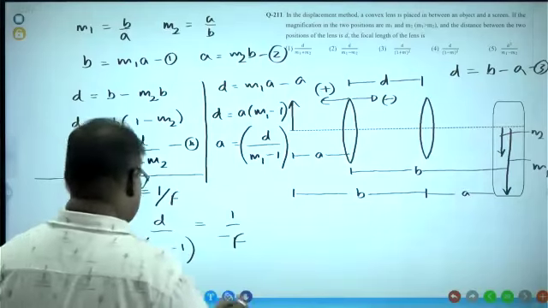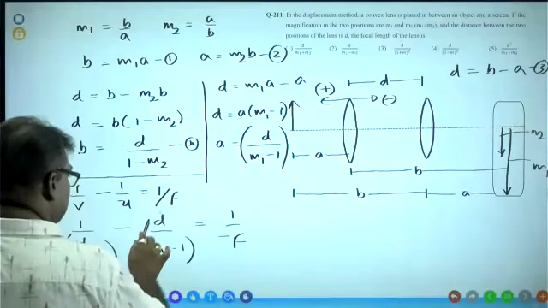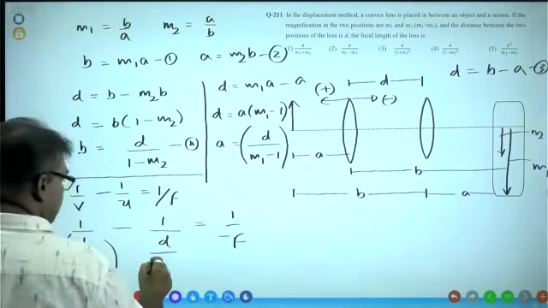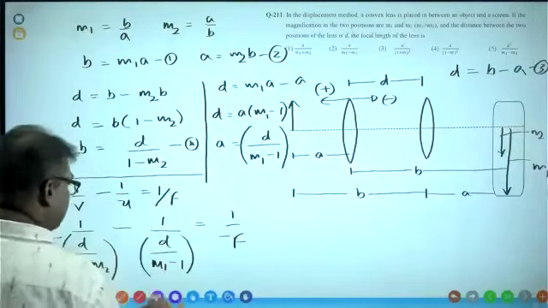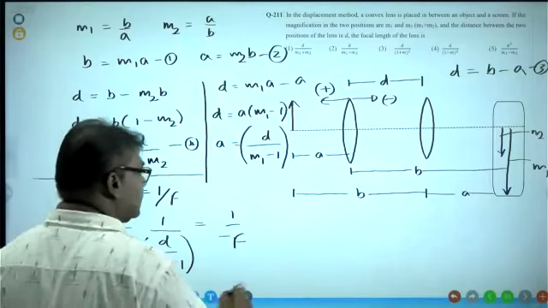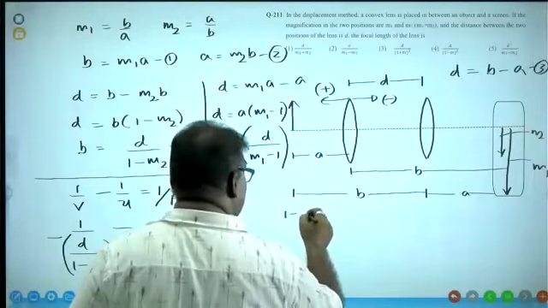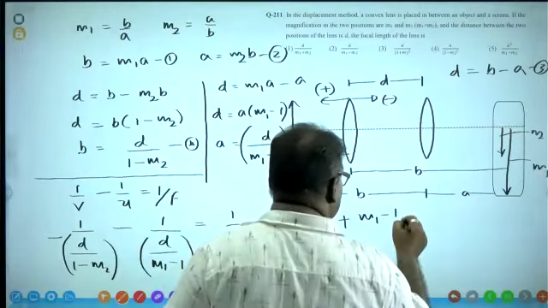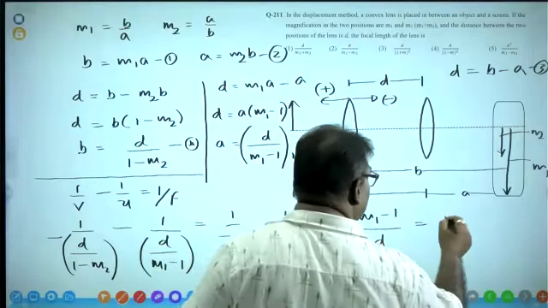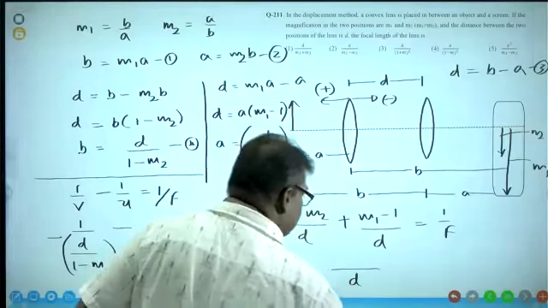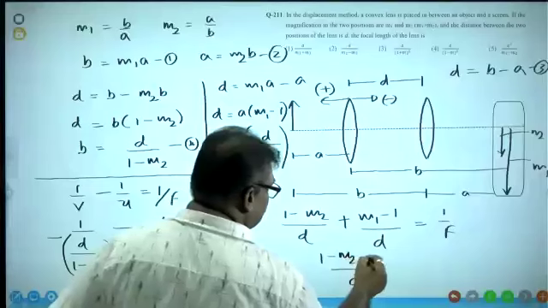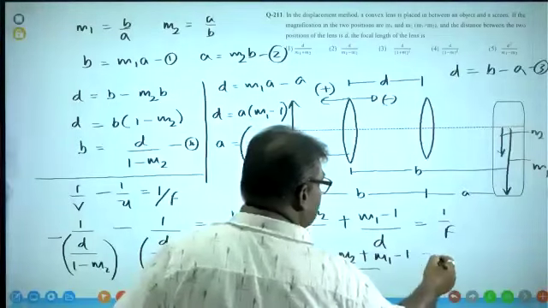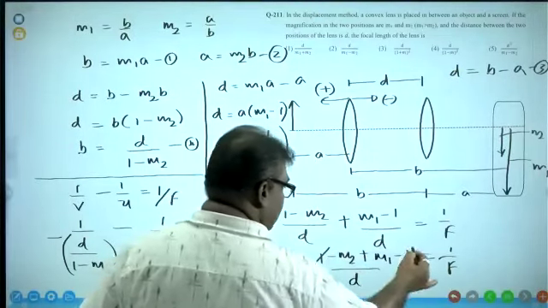So we have 1 minus M2 over D plus M1 minus 1 over D equals 1 over F. Simplification: D is the common denominator, so 1 minus M2 plus M1 minus 1 equals 1 over F. Then plus 1 minus 1 cancel.